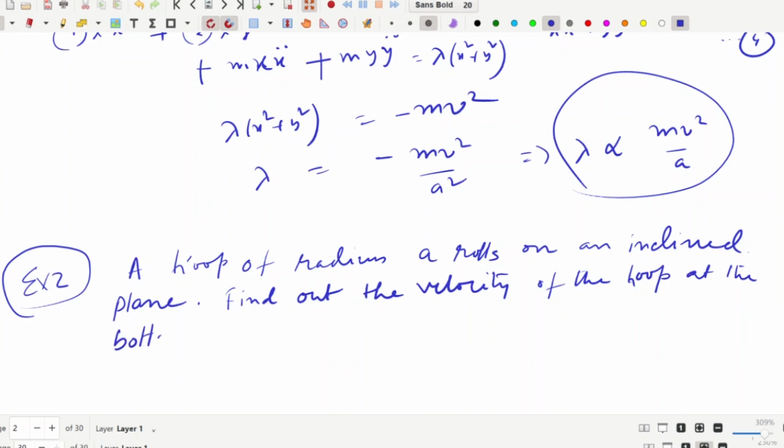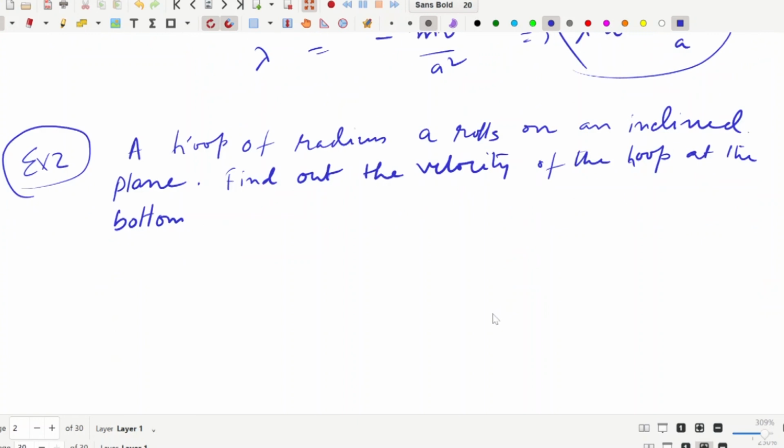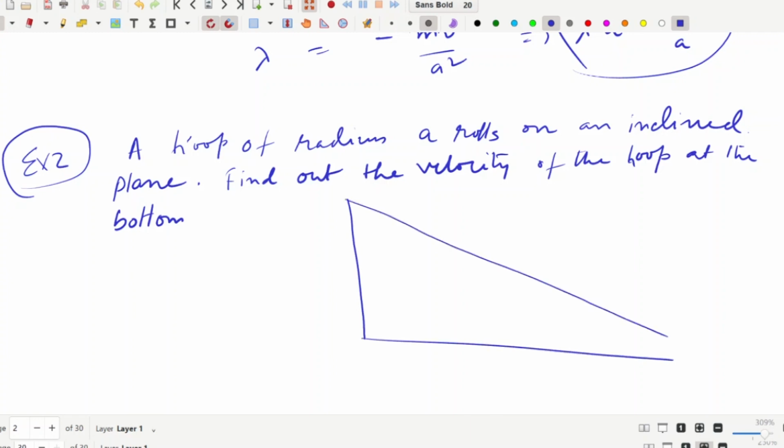Let me explain this problem in terms of a diagram. If you have an inclined plane, this is your inclined plane, and some hoop is rolling along this surface.